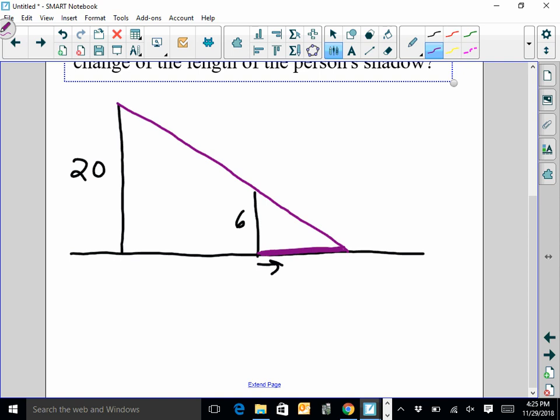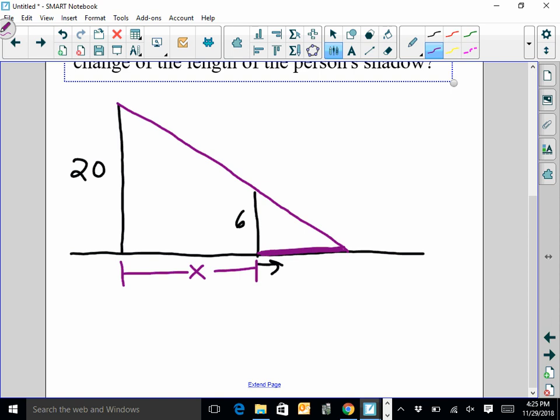What I need to do here is choose some variables for what's going on. I know that the person is walking at a rate of change of 5 feet per second. So the distance between the person and the pole, I don't know what that distance is, but I know that that distance is changing at a rate of 5. It's getting bigger, so it should end up being a positive 5. I'm just going to name the distance between the light pole and the person x.